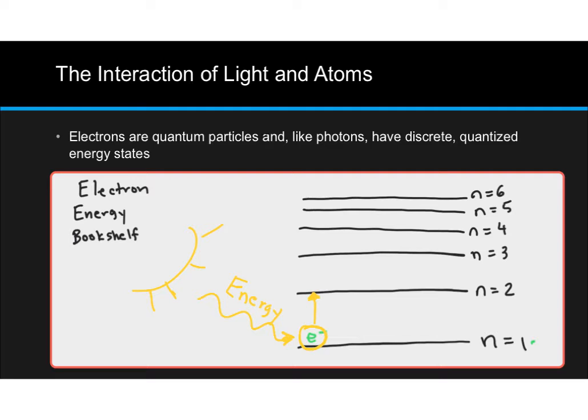We can place our electron on a higher shelf if we can shine light with just the right frequency at that electron. We say that an electron absorbs light. It absorbs the energy of light and is able to move from one shelf to another.